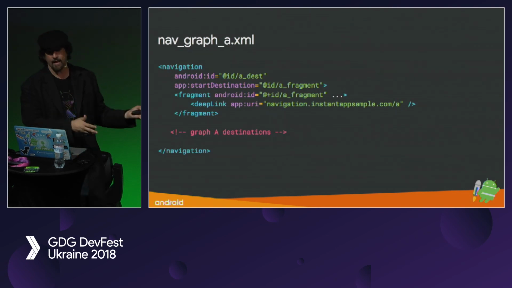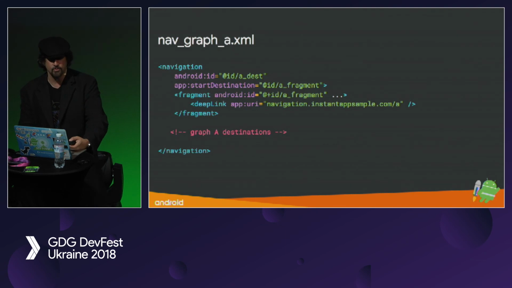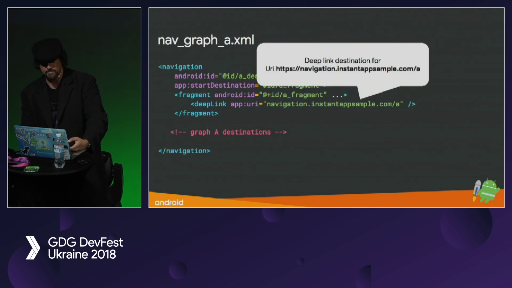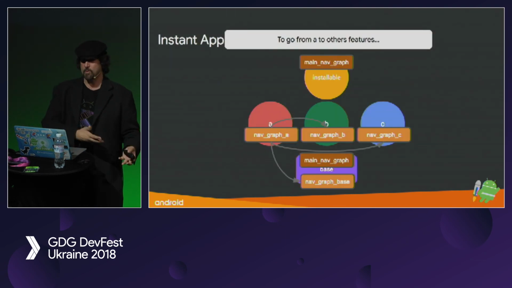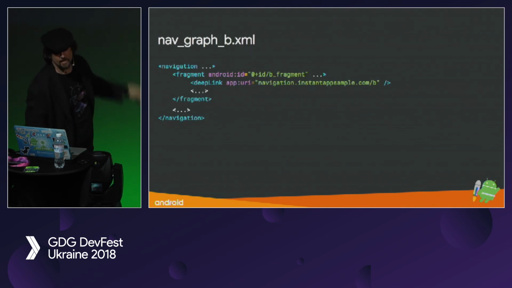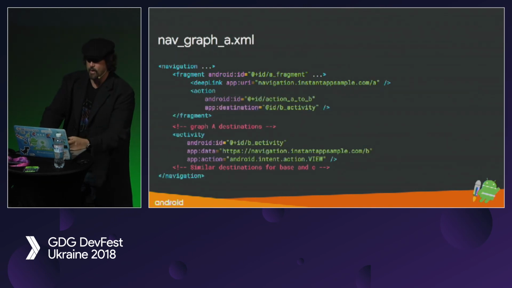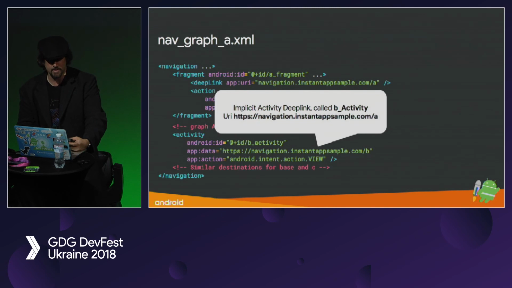And in nav graph A, this fragment that has the deep link is actually the same as the start destination fragment, so they go to the same place. And if you want to navigate between features, you do something similar. So here I've got this deep link destination with this URI in nav graph B, and in nav graph A, I've got one of those implicit activity deep links.